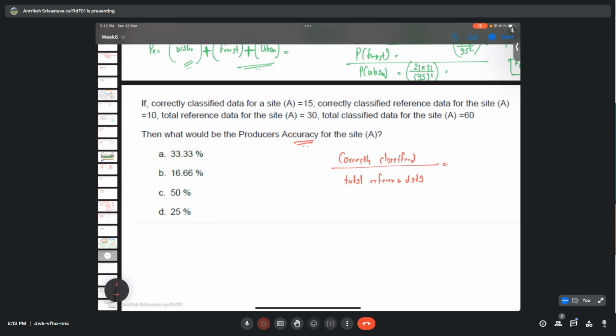Let me take a look at this. I should have looked at the assignments very carefully. Now that I read this question, it can be a little confusing. It is written as 15 correctly classified, and then correctly classified reference data as 10. So in that case, this correctly classified reference data should be taken as the numerator, right? So how did you get D, Abhishek? Why don't you tell us what is the numerator and what is the denominator?